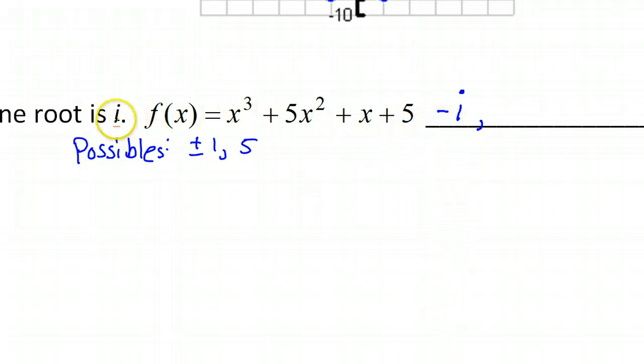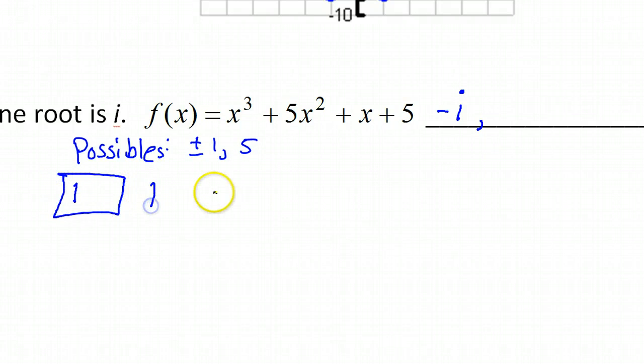So if positive i is a root, negative i is automatically a root. So we just need one more and we're done. So let's start with positive 1. Let's see what happens. So we've got 1, 5, 1, and 5. Wait a minute.